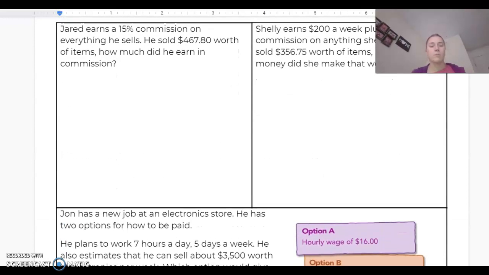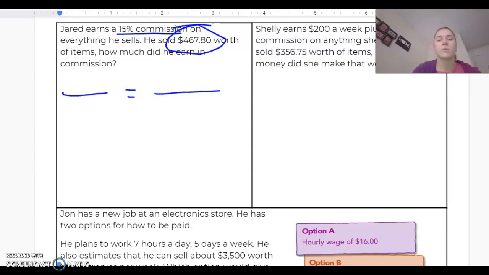Alright, so number 1 here we have Jared earns 15% commission on everything he sells. He sold $467.80 worth of items. How much did he earn in commission? Alright, so we know that we're using proportions, so we can set that up here first. We always know that 100 is our whole there.